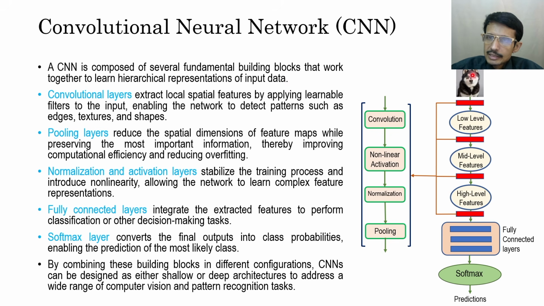If you see this picture, this is an image, a dog, and these are the convolution modules. It is a low level module, the initial level, a mid level, and a high level.